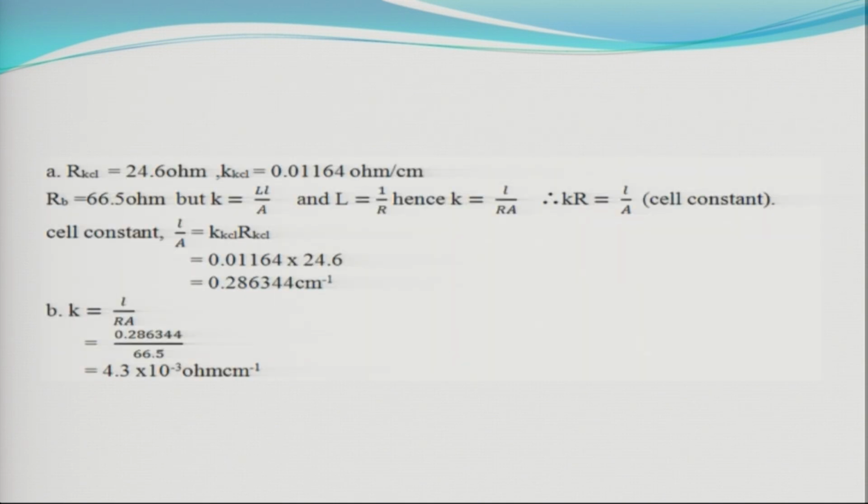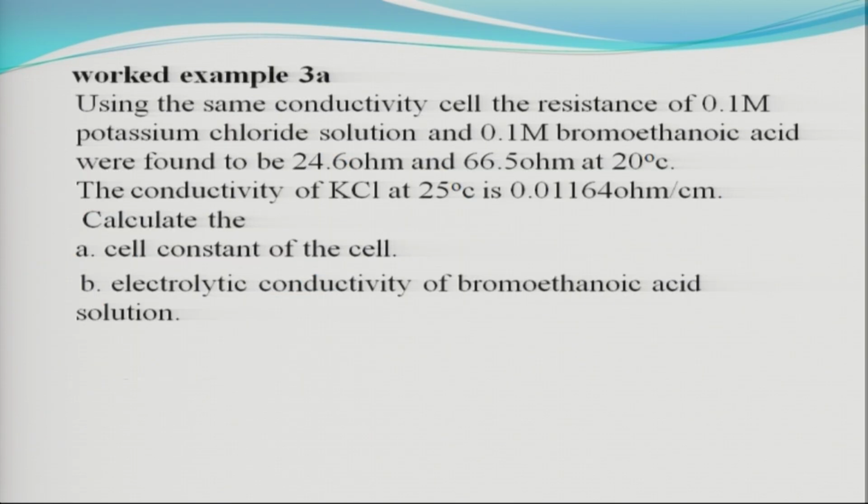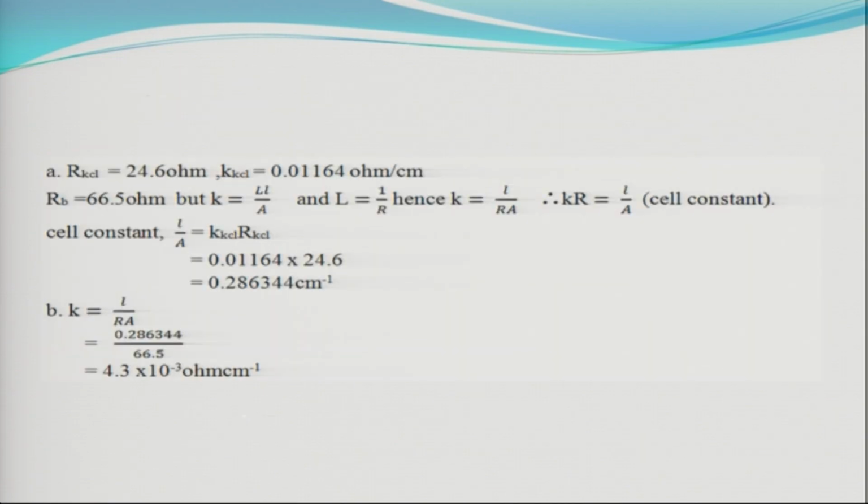So we calculate and get our answer. You can check your answer using your calculator. Then the second question here is asking us to determine the electrolytic conductivity of bromoethanoic acid. So we go back to our formulas.